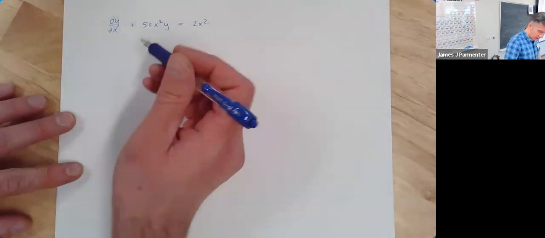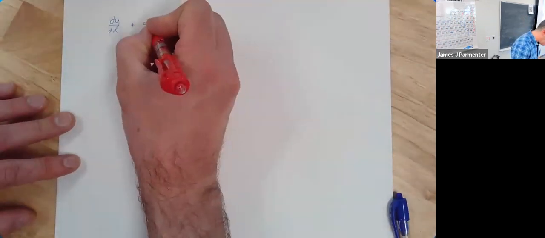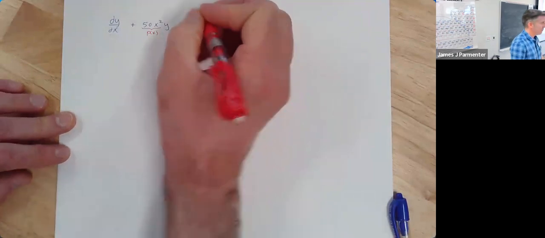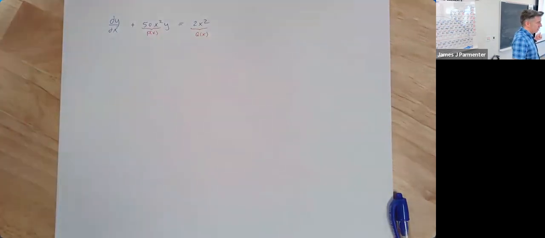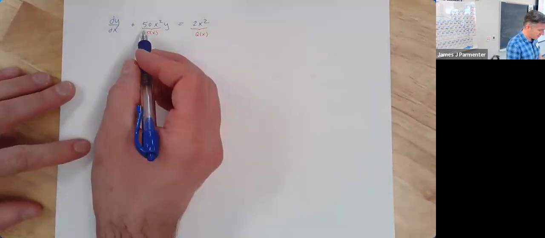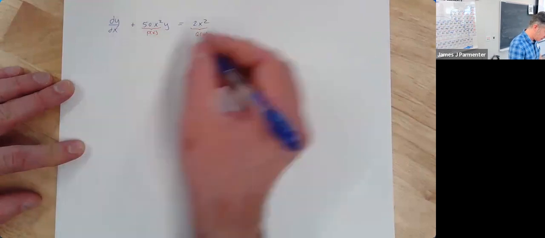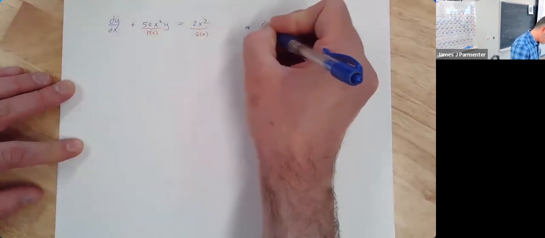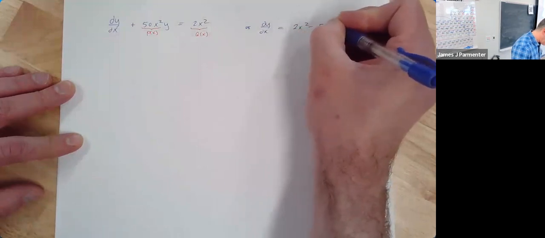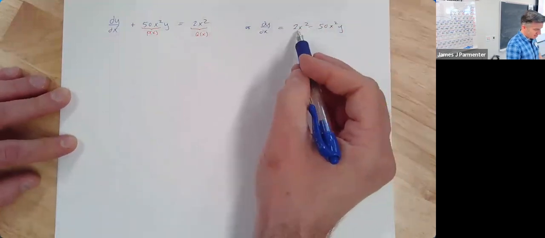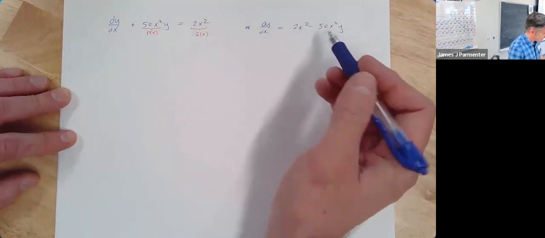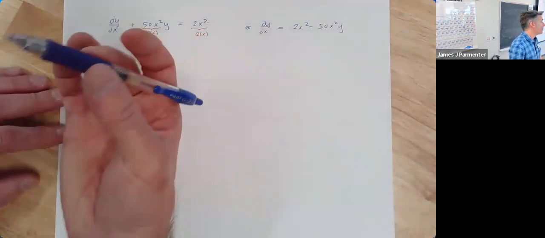But since our P of X and our Q of X happen to have the same function of X, essentially up to a constant multiple, what you can also do is bring everything to the other side except for dy dx. So I get 2x squared minus 50x squared y. And since the type of function of x in each of these pieces is essentially the same, you can factor it out.